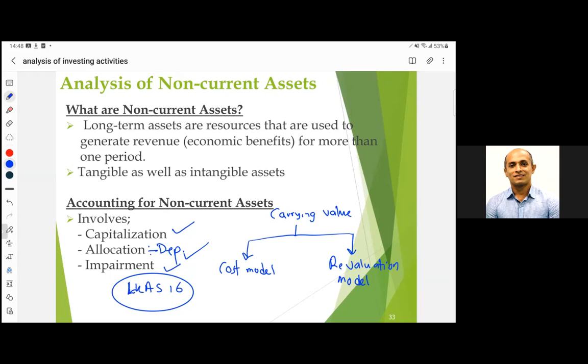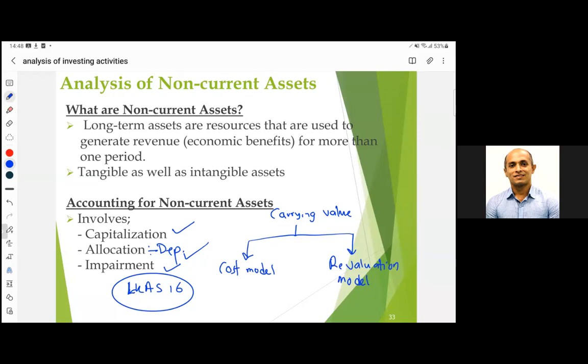You don't have access to the internal accounting system. For example, if you are an external analyst, you can't see the journal entries. So what you can do is see the company's accounting policies. In the published financial statements, you can find the accounting policies.